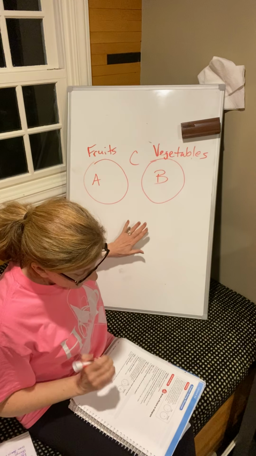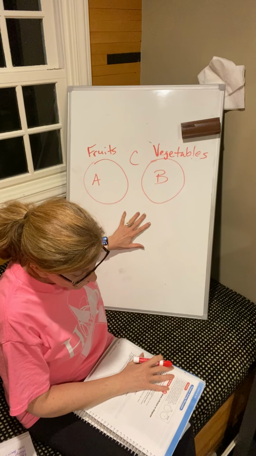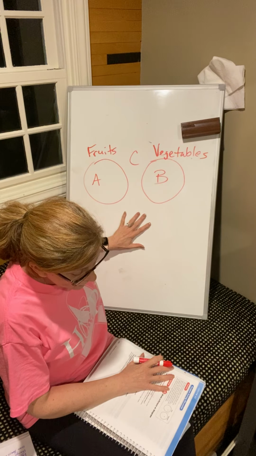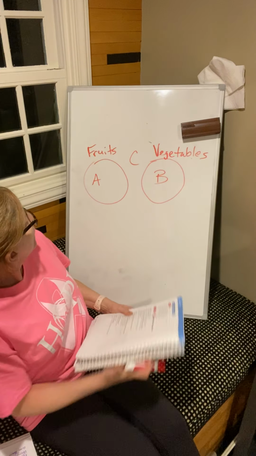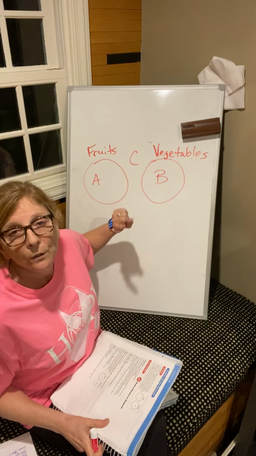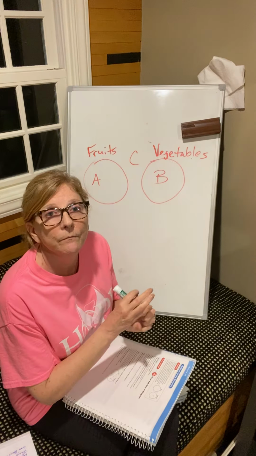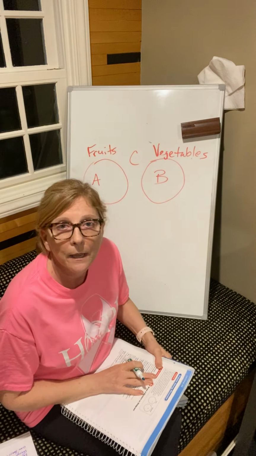All right. With our Venn diagram, we are trying to place eggs, oranges, and green beans. We have to determine what they are. Are they a fruit? Are they a vegetable? Or are they neither? I'm going to use the green one for the ones that we're going to add. How about eggs?